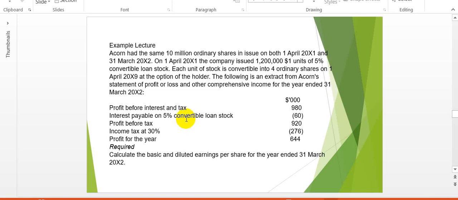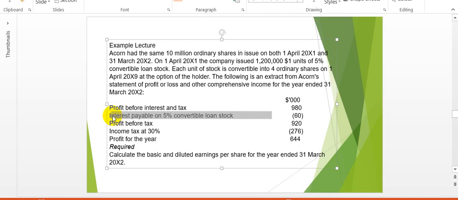So what will happen is that if they choose to convert the loan stock into equity, then this interest of 60,000 would no longer be paid. The company will start saving that interest because they will not be paying it. So that saving in interest will increase the profit of 644.